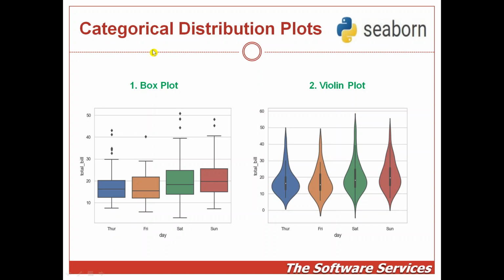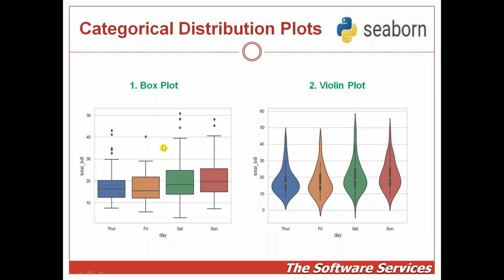So, in this categorical distribution plots, we have two plots to study. One is box plot and the other is violin plot. So on the box plot sample, how it looks is shown here, and the violin plot sample is shown here. So let me discuss the box plot first.